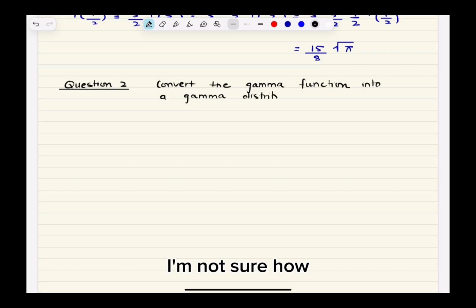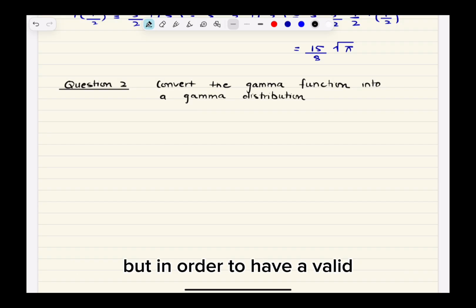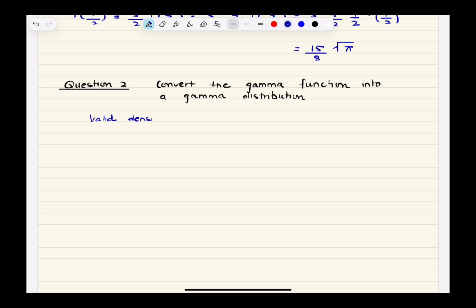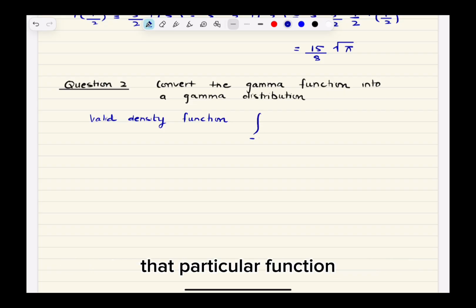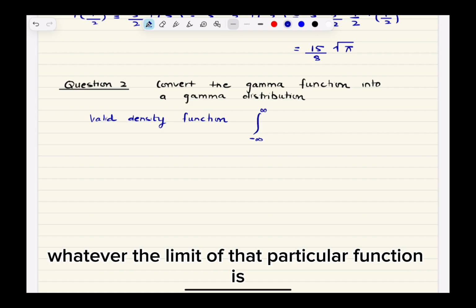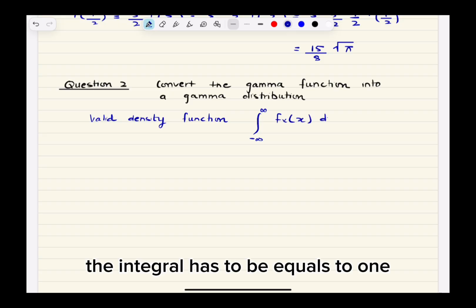I'm not sure how many of you are familiar with statistics, but in order to have a valid density function, the integral over the whole range of that function, from negative infinity to positive, whatever the limit of that function is, has to be equal to 1.